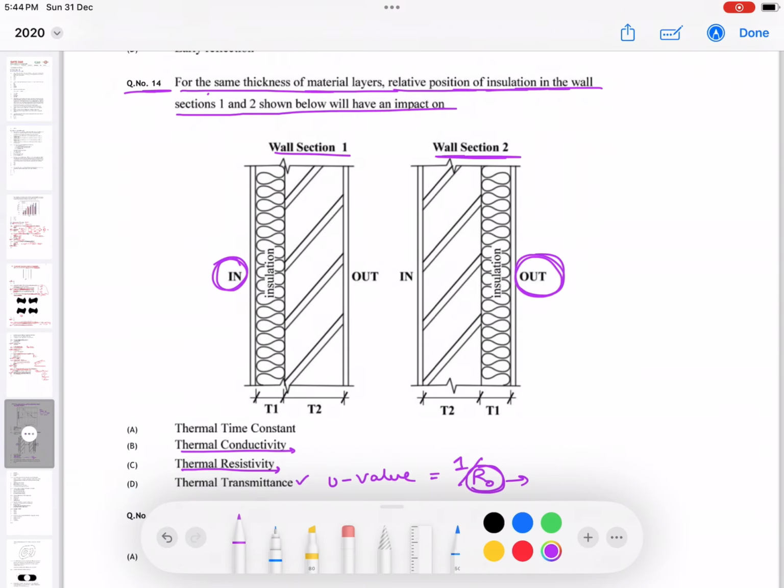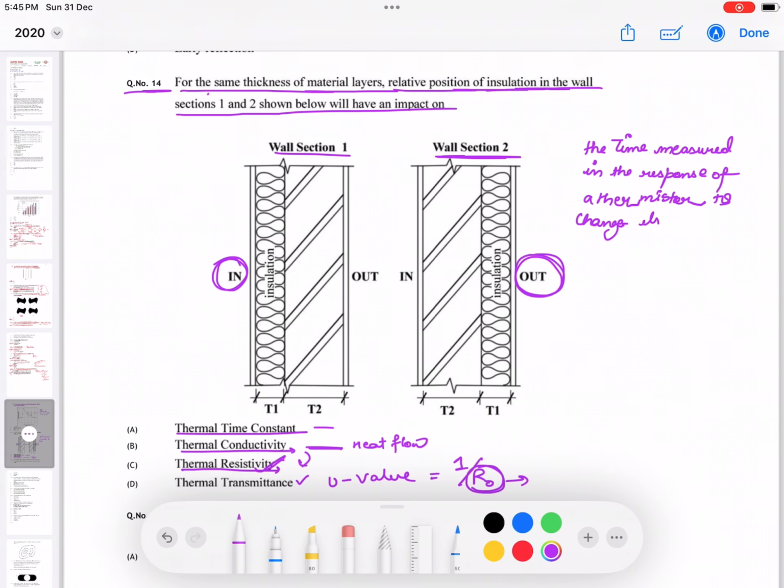Thermal conductivity is how well the heat flows into the material, and it is the reciprocal of thermal resistivity, whereas thermal time constant is the time measured in the response of a thermistor to change its ambient temperature.